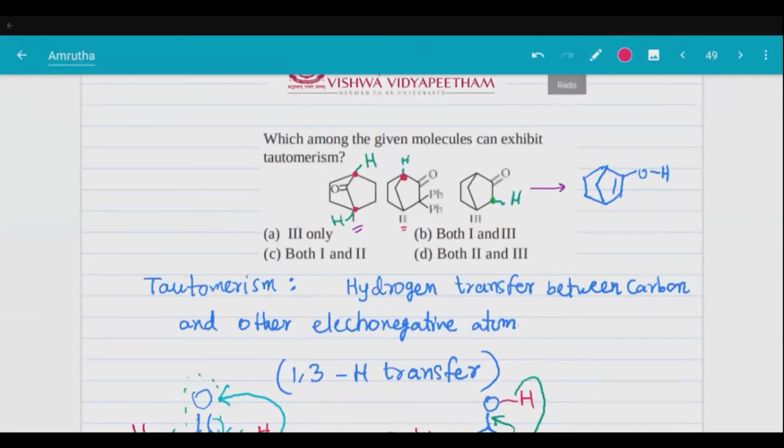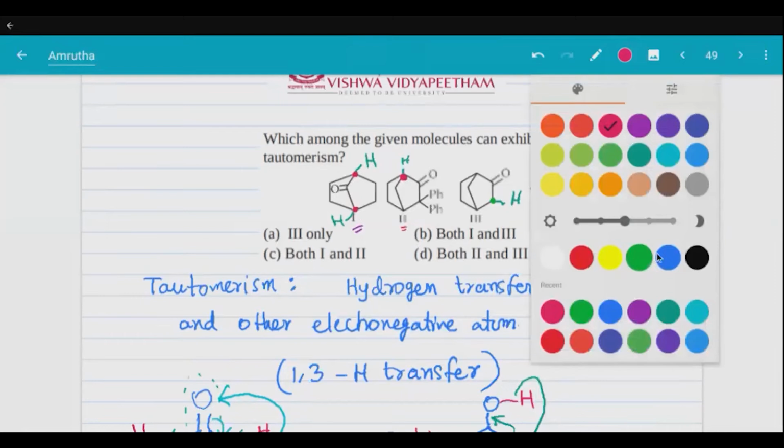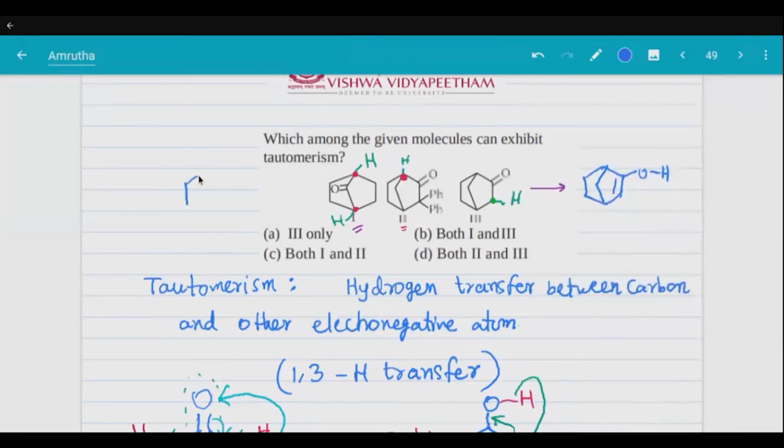So I'm marking all the places. Just check this. You can't have a molecule like this. So this is OH and a double bond, which is not possible. This is the bridgehead position. You can't have a double bond.